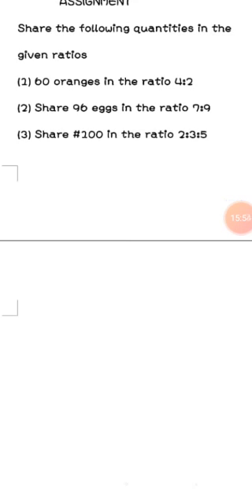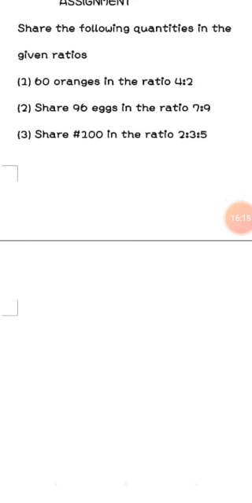That takes us to our assignment. Our assignment for today's lesson is: share the following quantities in the given ratios. Question 1. Share 60 oranges in the ratio 4:2.